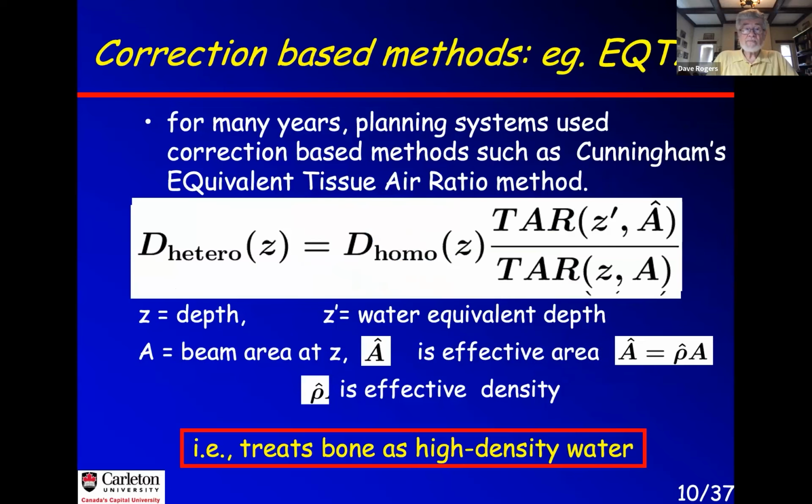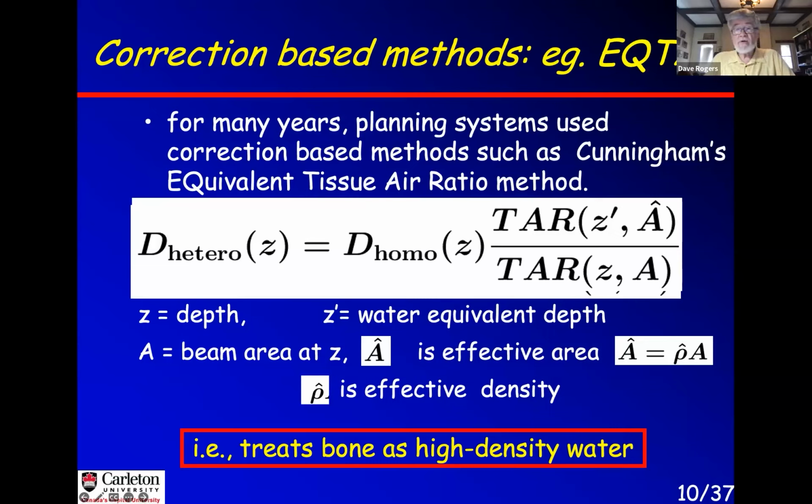Okay, so there are various correction methods which are used, and I mentioned the equivalent tissue air ratio. This was something which Jack Cunningham developed back in the 70s, and it became very widely used commercially in treatment planning systems in the 70s, 80s, and 90s, for example.